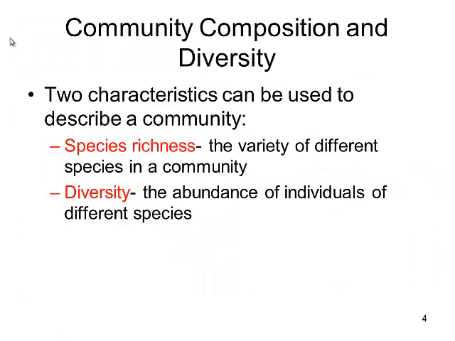So, characteristics that can be used to determine what a community is. Certain species, and lots of them, variety or differences within a community. And again, the diversity in that community. The abundance of individuals of a different species. For all the species, no matter what the diversity or species richness is, what's the important?